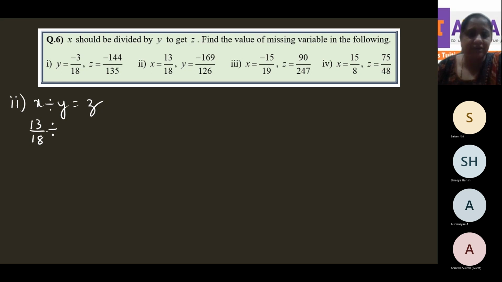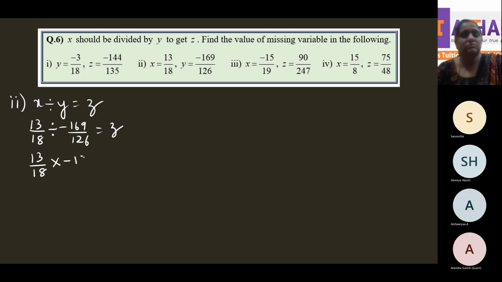So 13 by 18 divided by minus 169 by 126 is equal to Z. First step is to substitute. Next, 13 upon 18 into 126 upon minus 126 upon 169 is equal to Z.